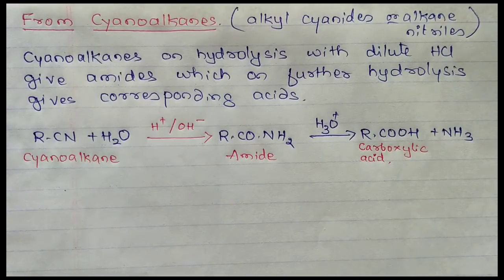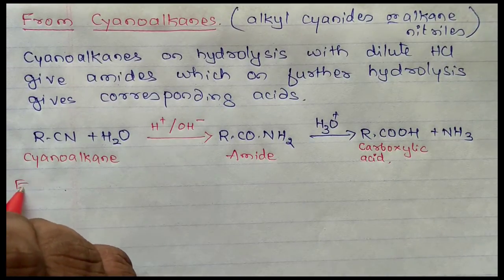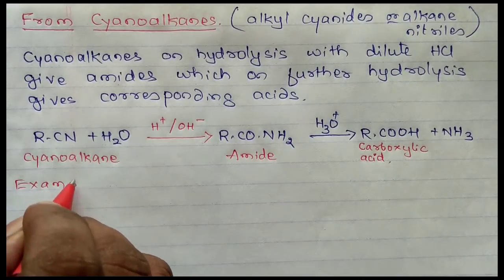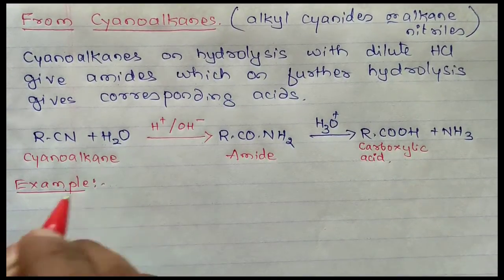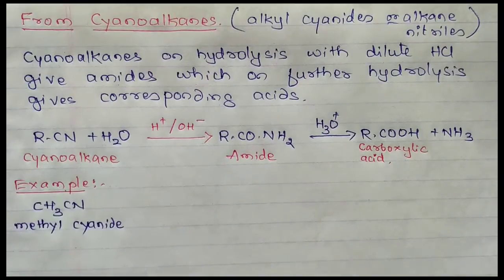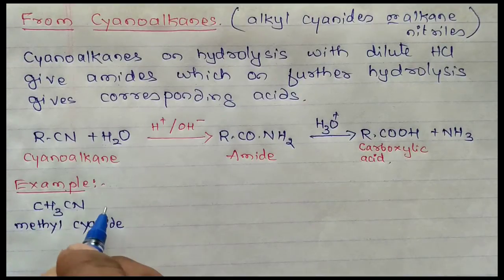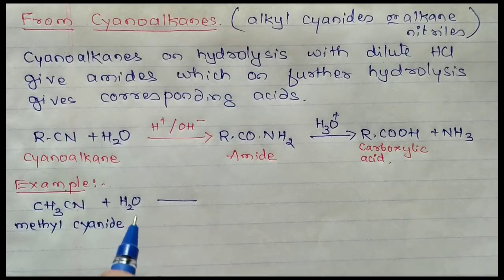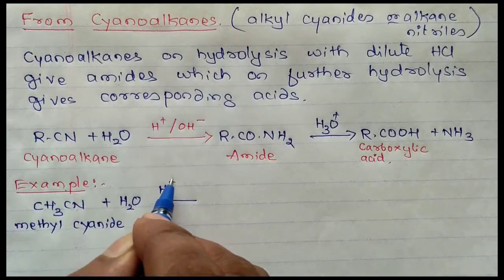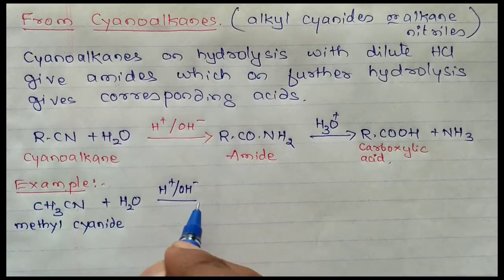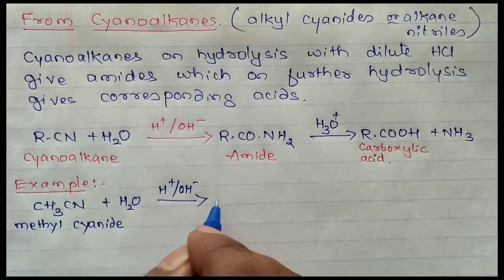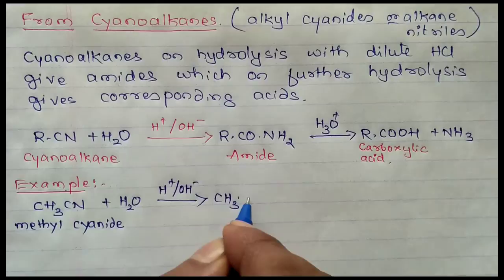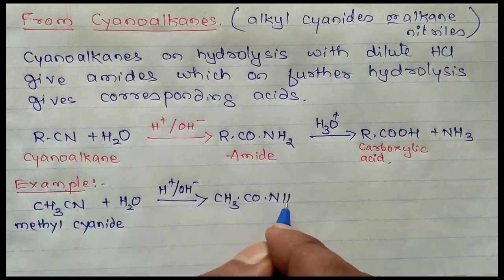Now we'll discuss one example. When methyl cyanide, also called cyanomethane, is subjected to hydrolysis, either in the presence of acid or base, any one of these two, you are going to get the amide CH3CONH2.